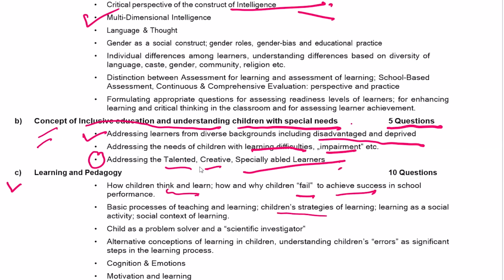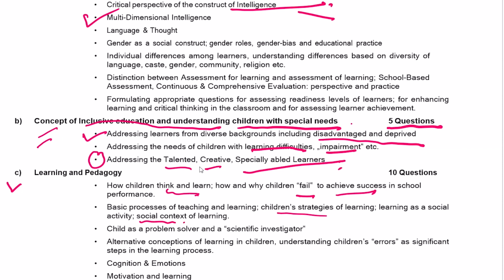What are the strategies that we can teach children so that they enhance their learning abilities? Now, learning as a social activity. Learning is not an individual activity. Everyone around us influences our learning. So it has got a social context. Learning has got a social context.